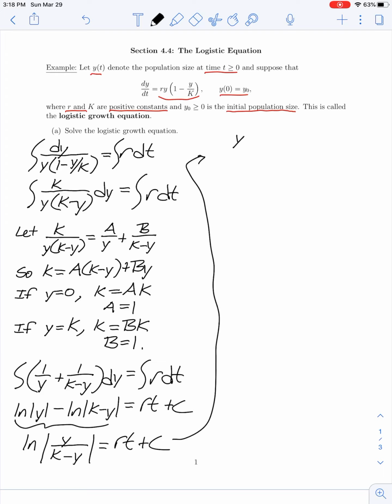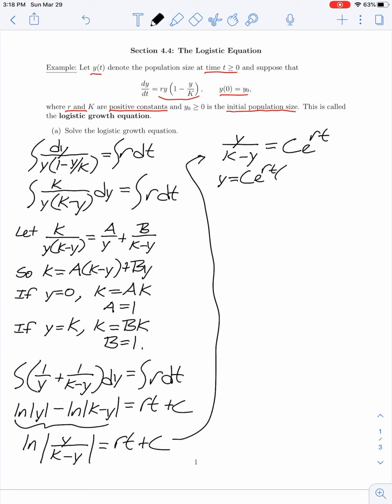So now to eliminate the logarithm, we can exponentiate on both sides, and we have y over k minus y is equal to c e to the rt. Now again, that constant c out in front is coming from the fact that e to the C can just be considered as a new arbitrary constant c.